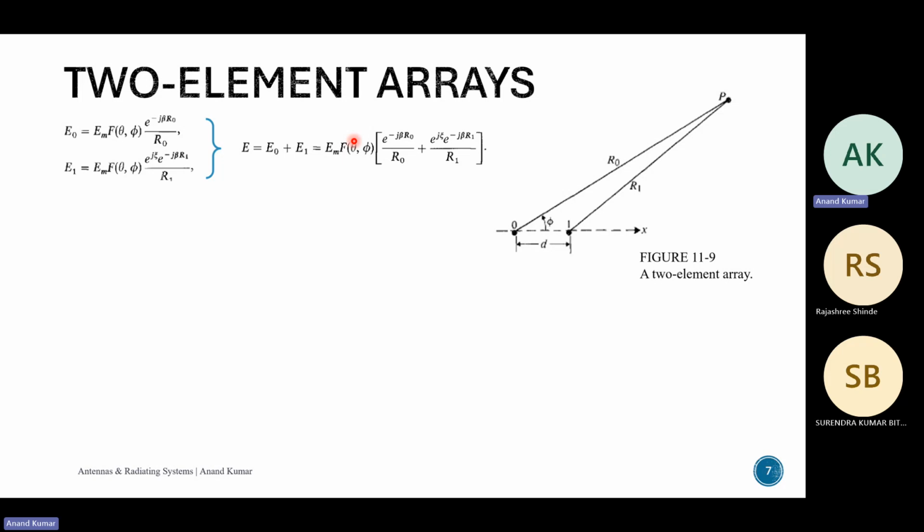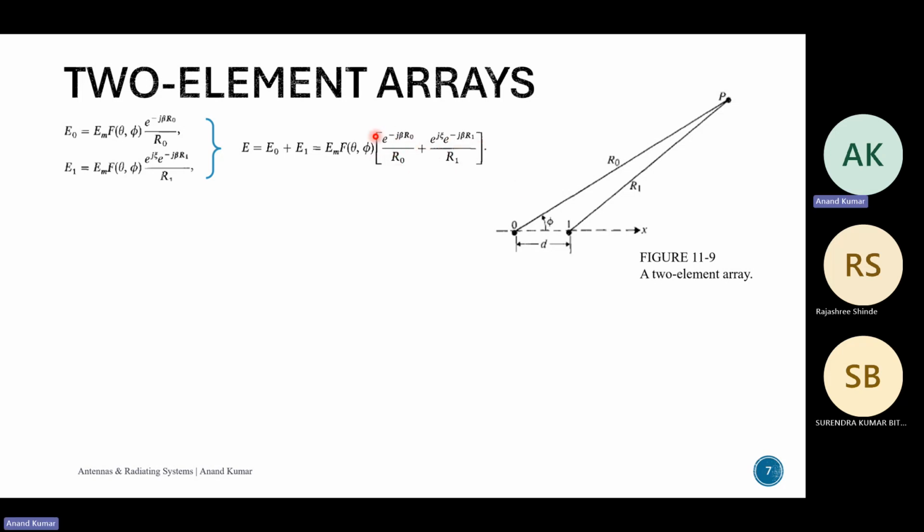For different orientations of the dipoles we get different element factors. This is the e^(-jβr)/r term for both the elements.